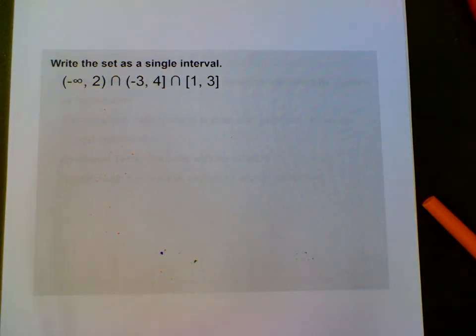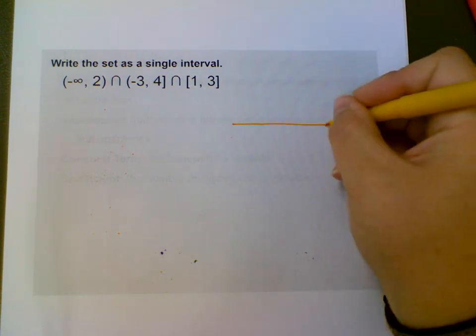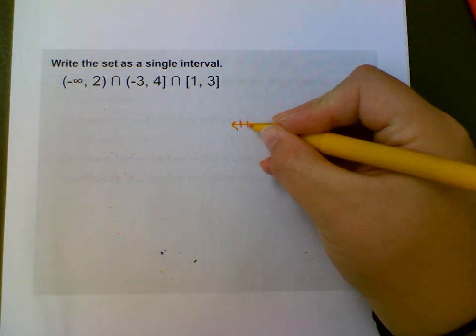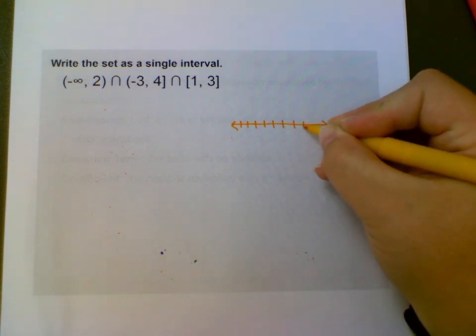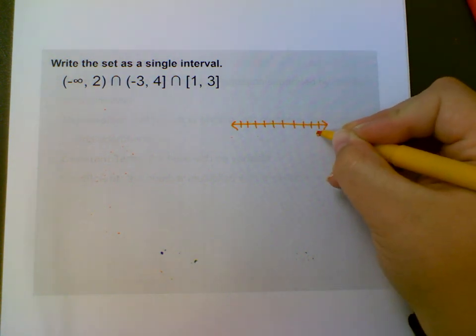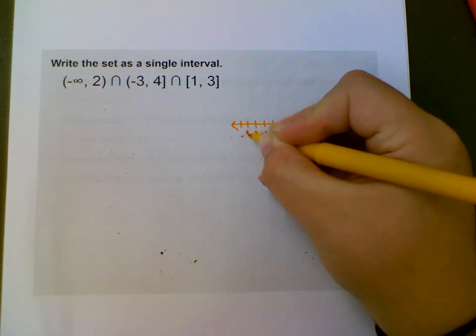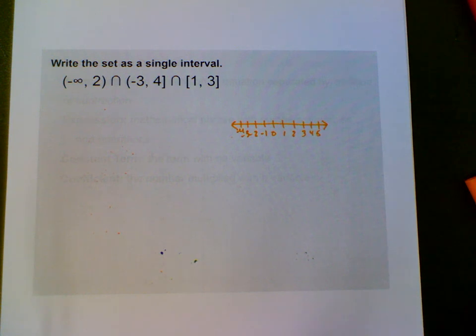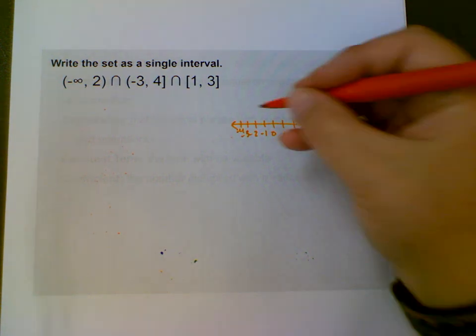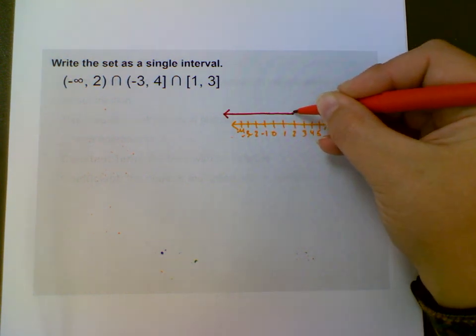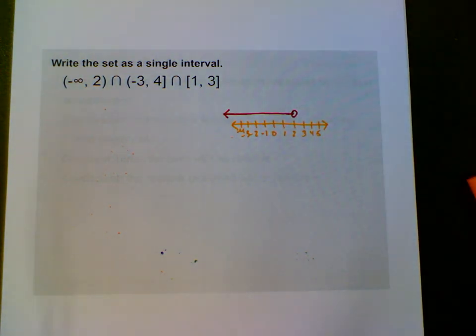Now we're going to do the same thing, but I have 3 intervals, and I'm going to write it as a single interval. I again think that a number line might be helpful. I need my number line to go from -3 to +4. My first interval is -infinity, comma 2 with a parenthesis, so it's an open circle.